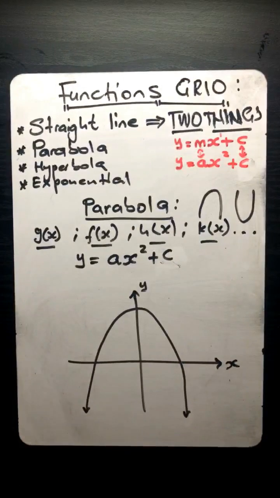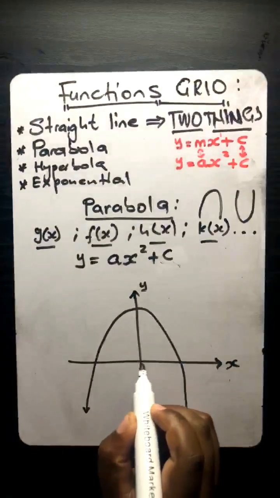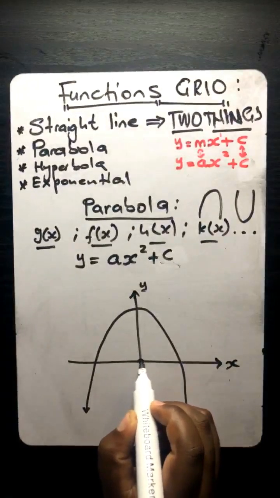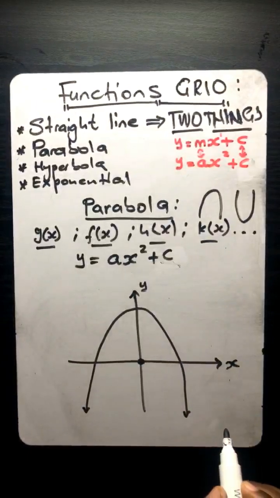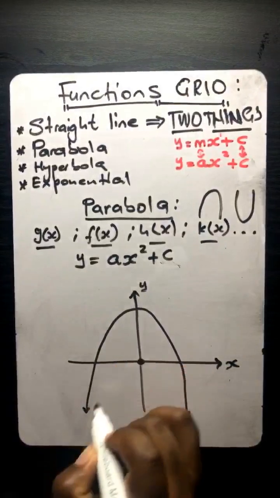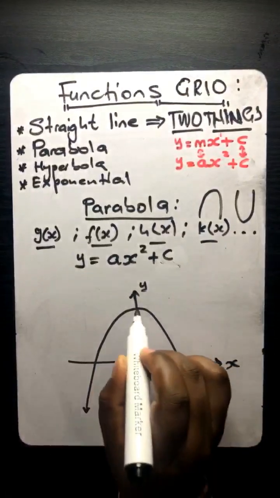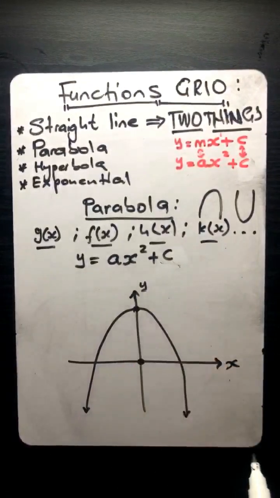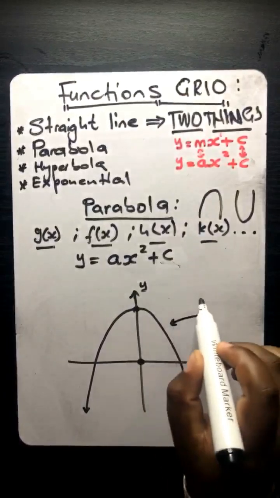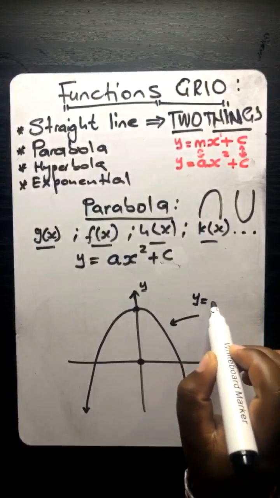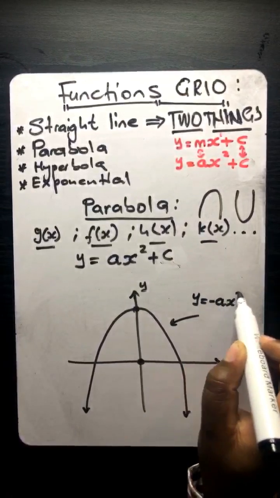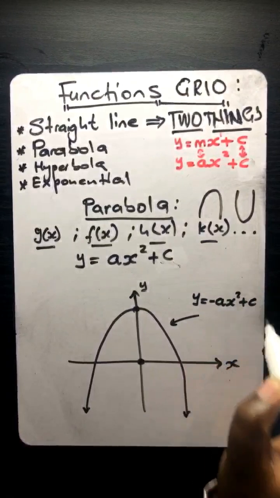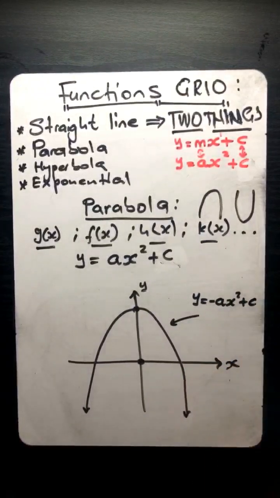So you can easily say it's because the turning point is above the origin. So that means generally we are going to have y equals a negative a value and then a positive c value.